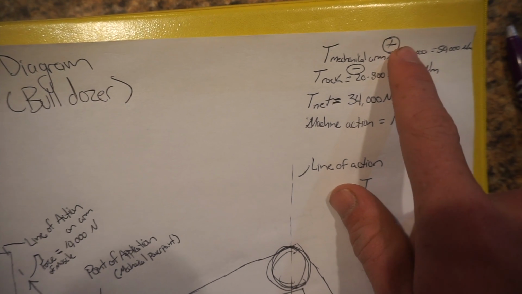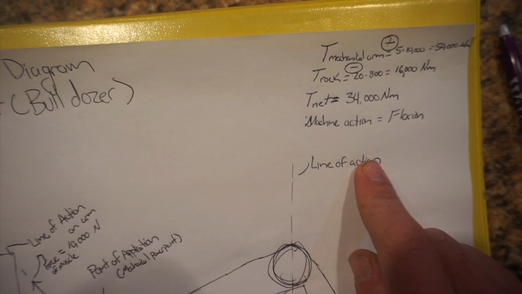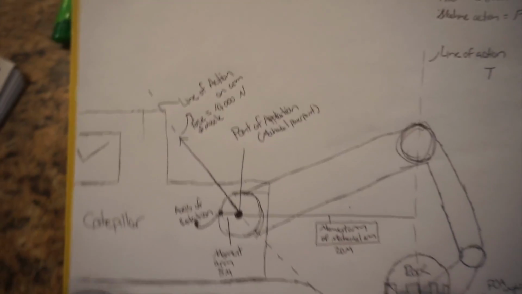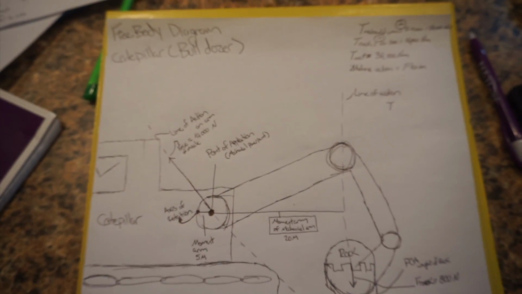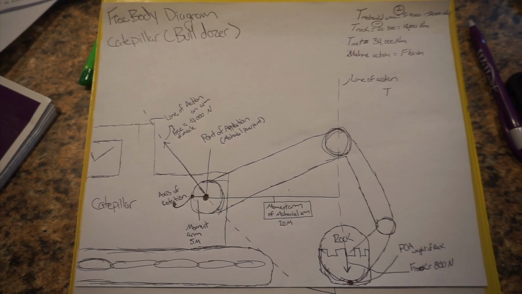The mechanical arm is going to be a positive direction, so that gives us a total net of 34,000 Newton meters. The machine action would be a flexion status because it's flexing up. That is my second free body diagram of my non-biological system.